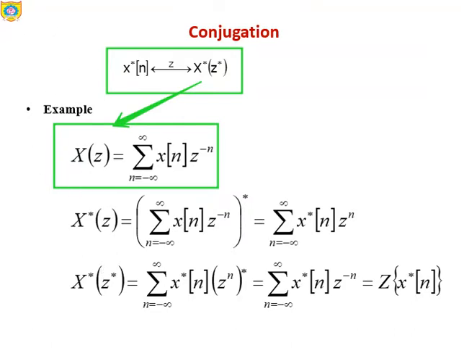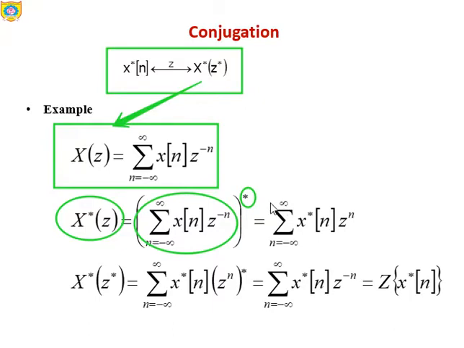Once we apply the definition, let's take its conjugate. How to take this conjugate? This will be taken over here with the help of this star. So once we have taken the conjugate, it will become X star of z, which means the conjugate of this entire summation. The star is applied to the entire term.